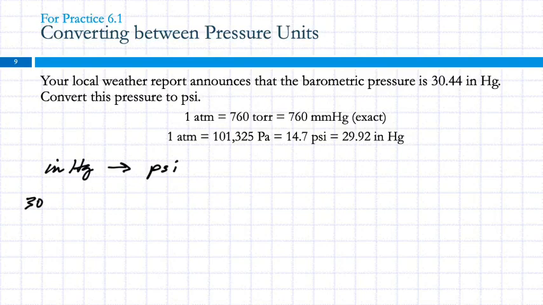So 30.44 inches of mercury times in a line, psi here, inches of mercury down there. And then I just go to this list here and I pull out the numbers, 14.7 for psi and 29.92 for inches of mercury.